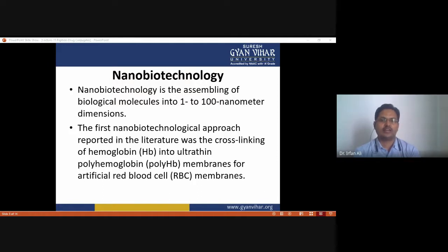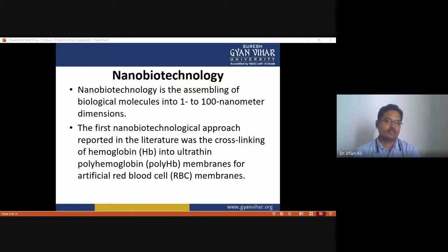There are two types of methods: top down approach and bottom up approach. Most of the time in nanobiotechnology we apply the bottom up approach. We prepare the nanomaterial from atoms or molecules arranged in nano scale diameter. When the nano scale diameter is achieved, these materials are called nanomaterials.